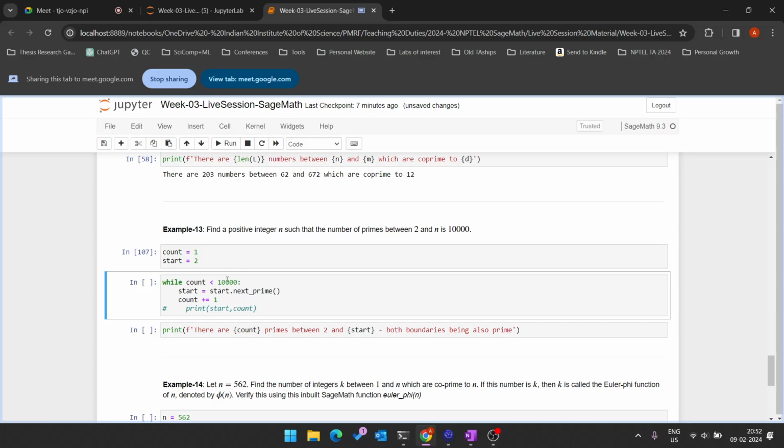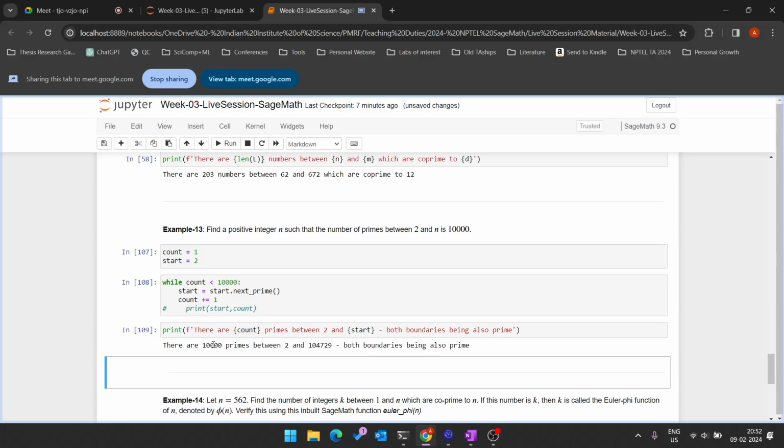And till the point my count is less than 10,000, I ask it to find the next prime, reassign that to my start variable, and increase my count variable by 1. If I do this while loop, what do I get? I get that there are 10,000 primes between 2 and 104729.